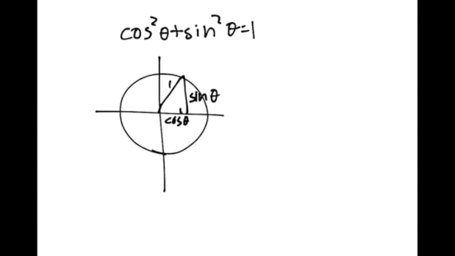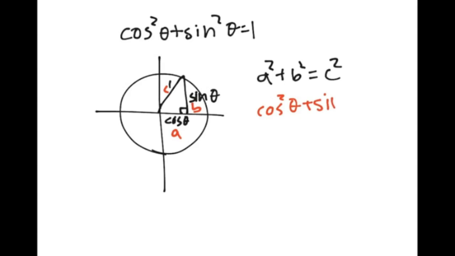So if we have a right angle, we know we can use the Pythagorean theorem, which states that a squared plus b squared equals c squared. Well, we know that this is a, this would be b, and this would be the hypotenuse, which is c. So we know this is equal to cosine squared theta plus sine squared theta equals 1 squared, which is cosine squared theta plus sine squared theta equals 1.